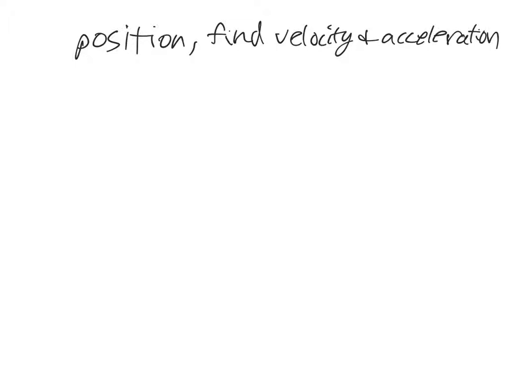Whereas in this last unit, we were given the acceleration and asked to find the velocity and position. So hopefully that's still fresh in your mind. And then the possible questions from that.